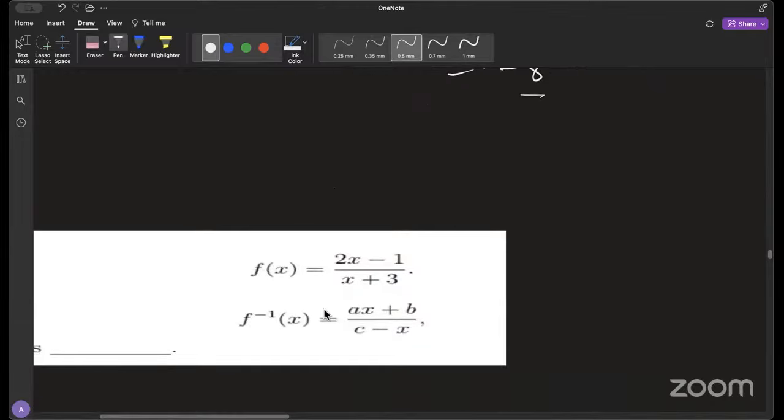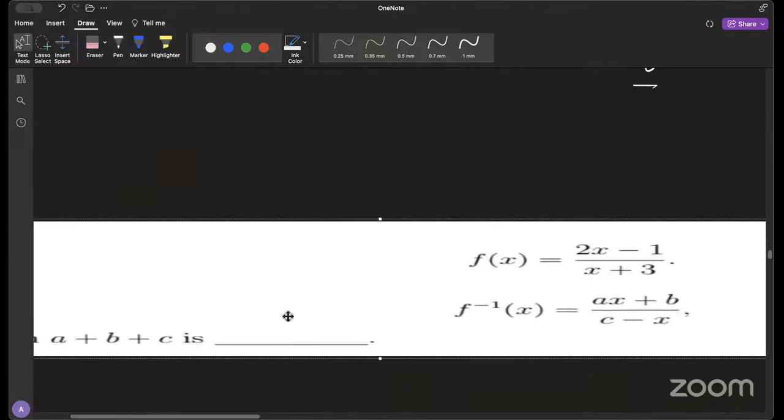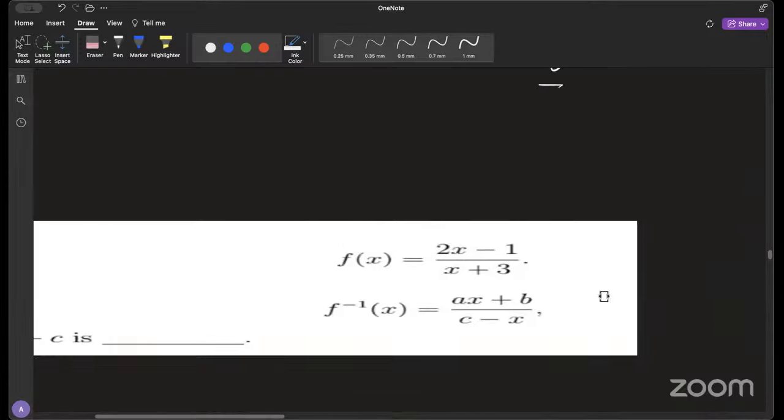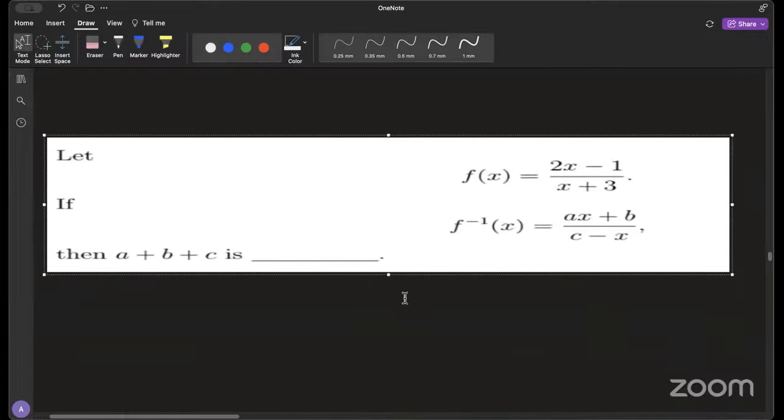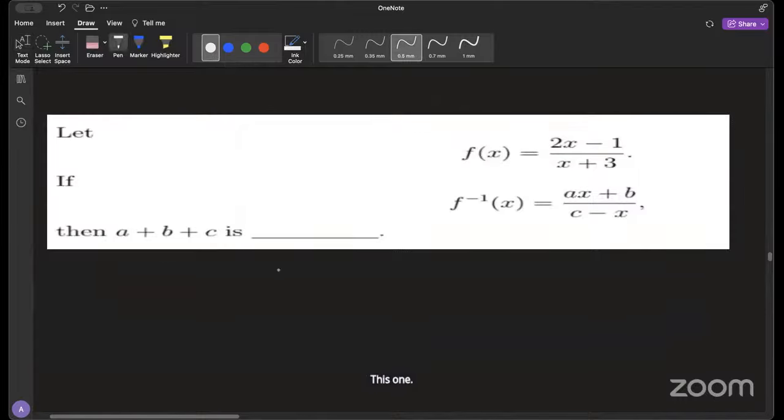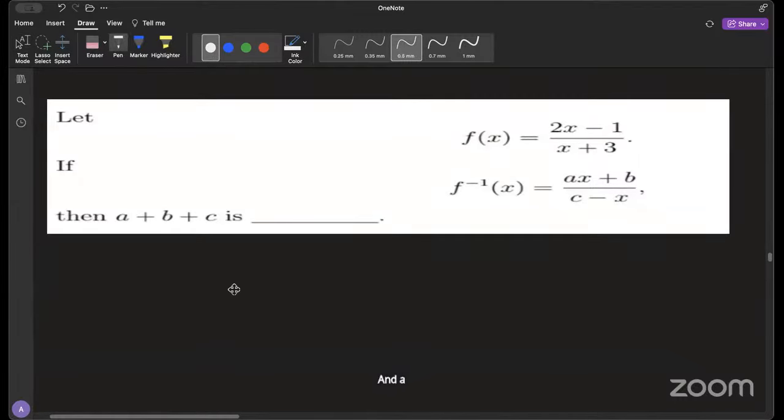Can we move to this one? So you have this, and a function is given to you, and you just have to find the inverse. So how do we find the inverse?